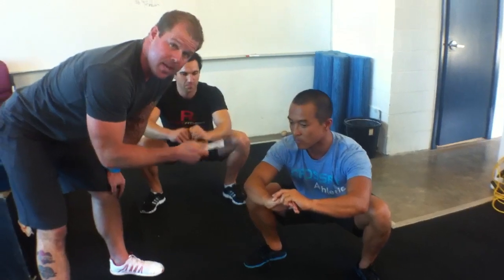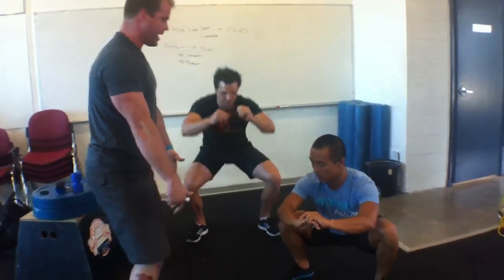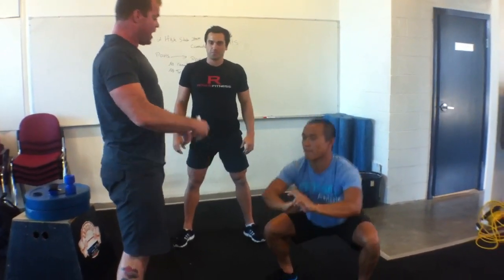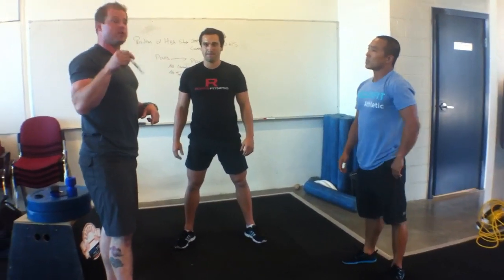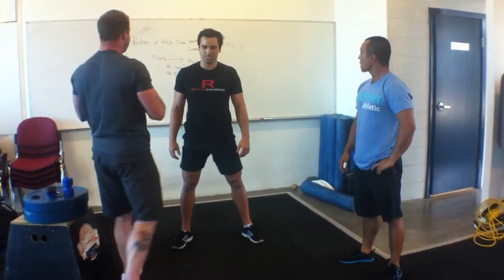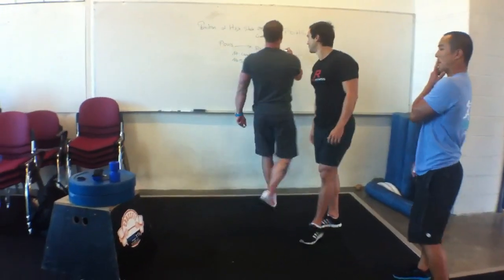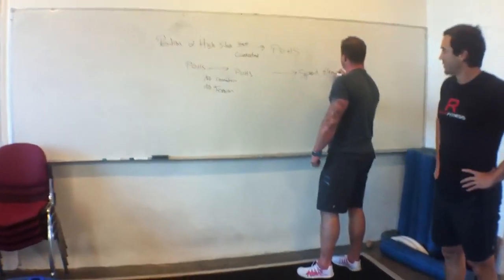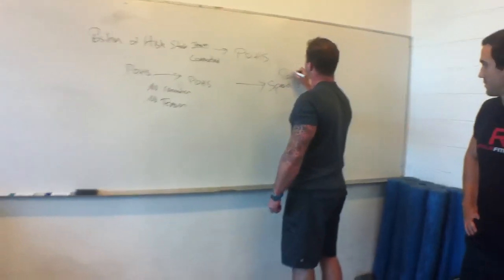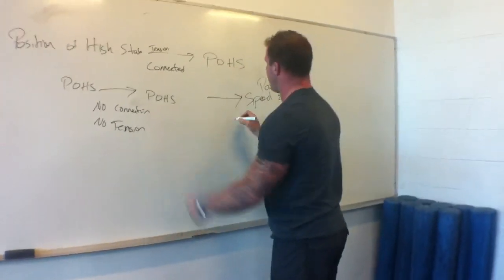And as we're thinking about programming, one of the reasons things like the full clean are so difficult is that I have to have high tension, good position, and then suddenly end up in a rock solid position. And this is a nice way to start to uncover problems. I can start to uncover problems by adding a speed element to a position, and I can take away this connection.